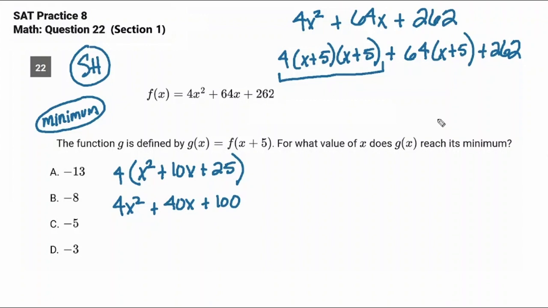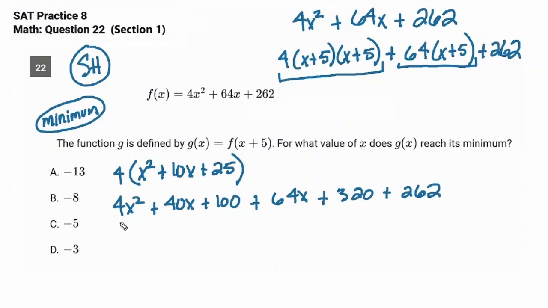And now I'm done with that. So now I'm going to deal with this guy. Plus 64x, that's easy enough, plus 64 times 5. Definitely calculator math. 320. And then I just still got this 262 hanging out over here.